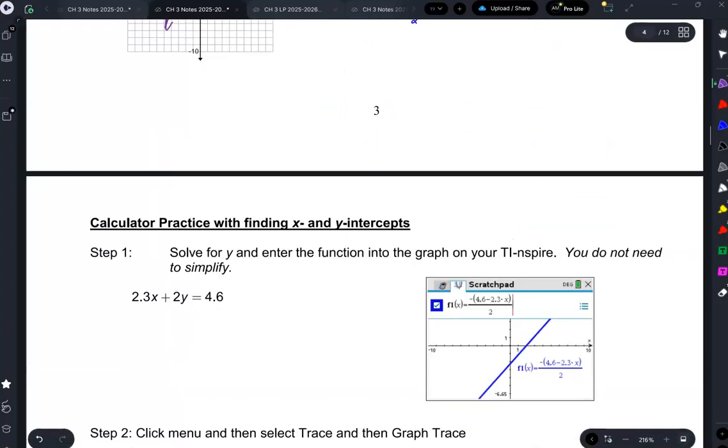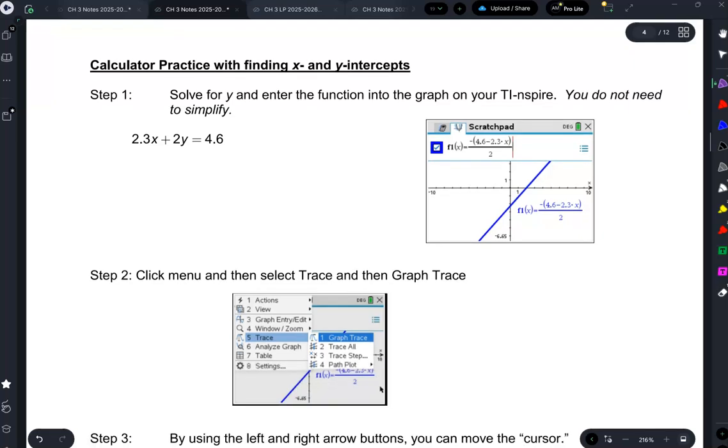All right. So we can actually use our graphing calculator for x and y intercepts as well. So for this one, look at this. We have this equation. We're going to solve for y, and we're going to enter the function into the TI Nspire. So why don't we take it slow? Why don't we do that one first?